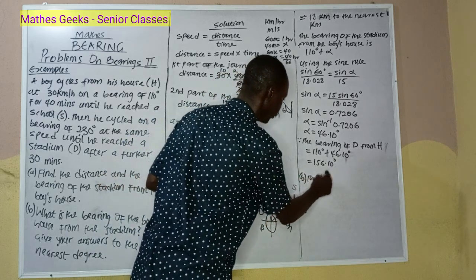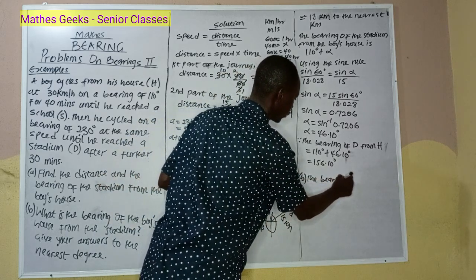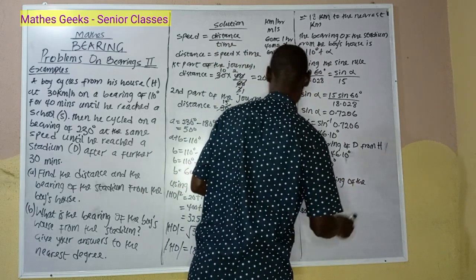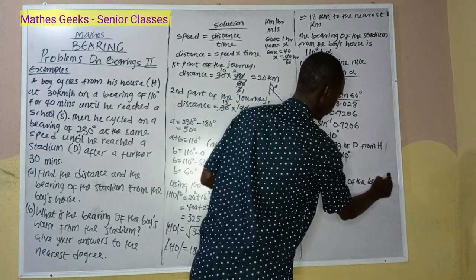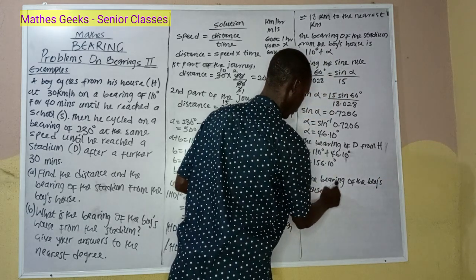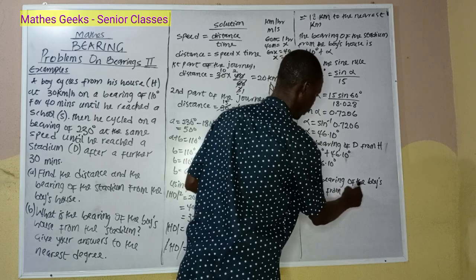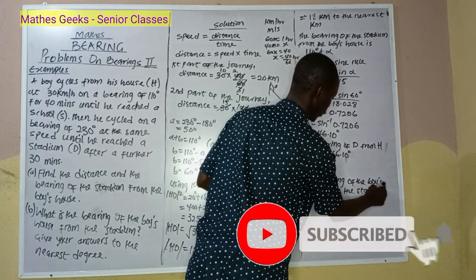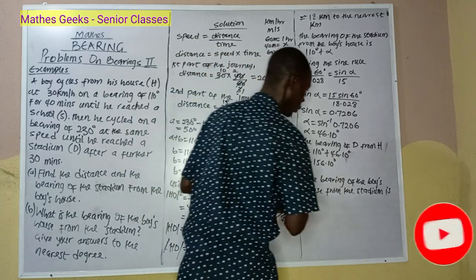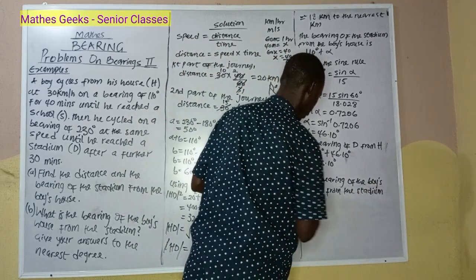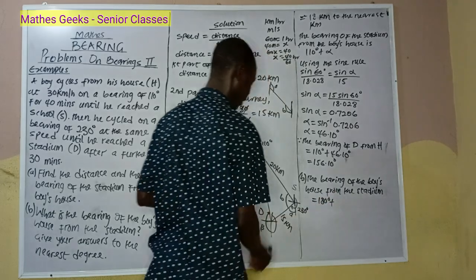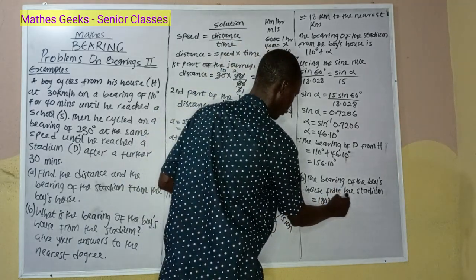So the bearing of the boys' house from the stadium is equal to 180 degrees plus beta.